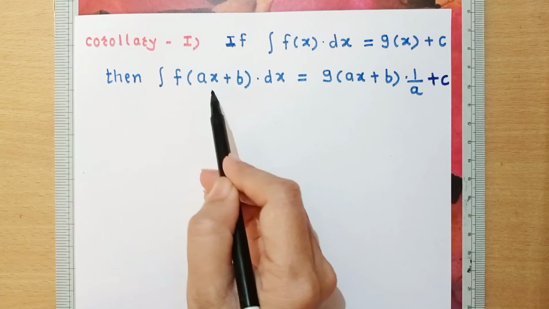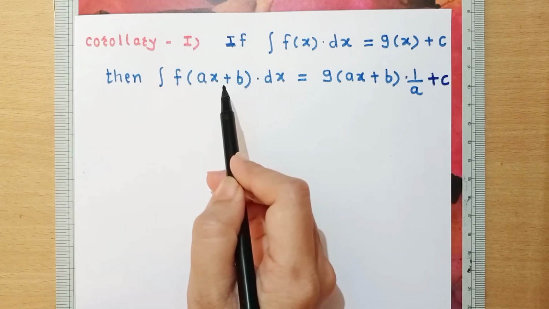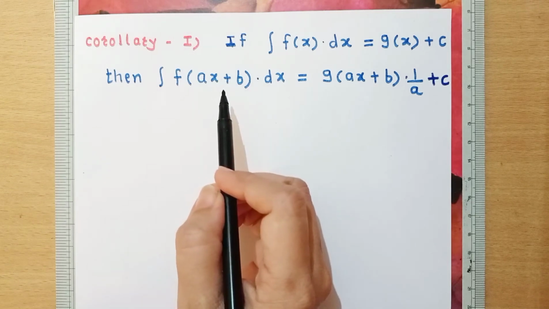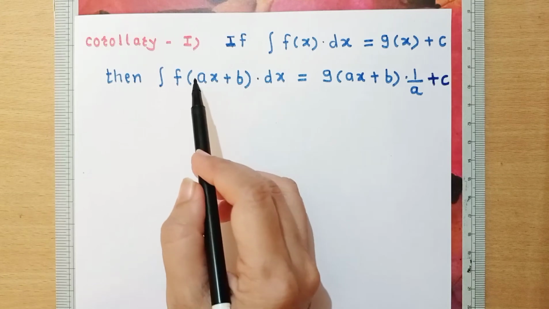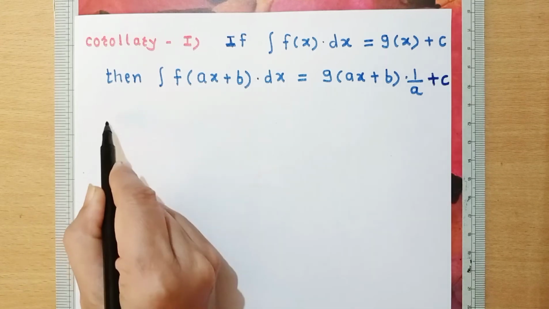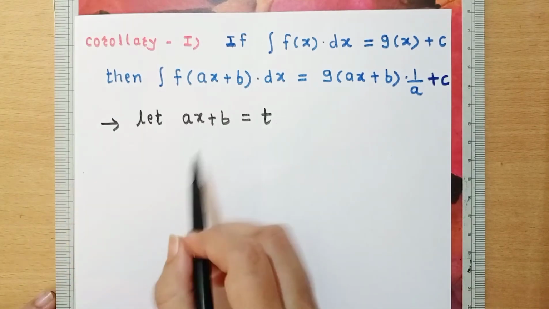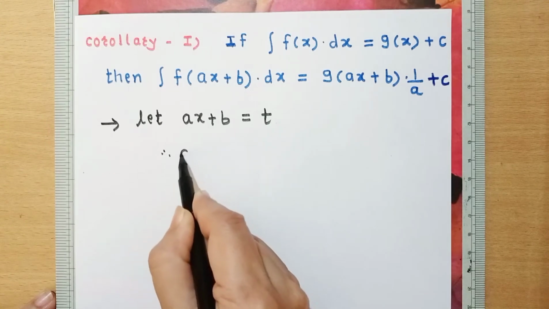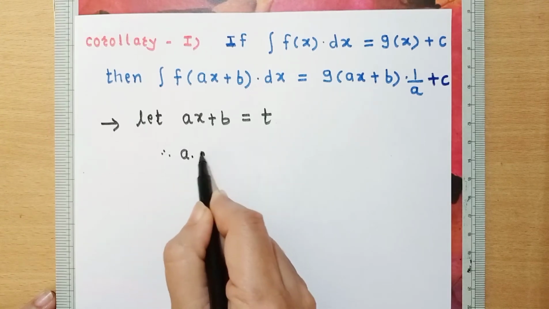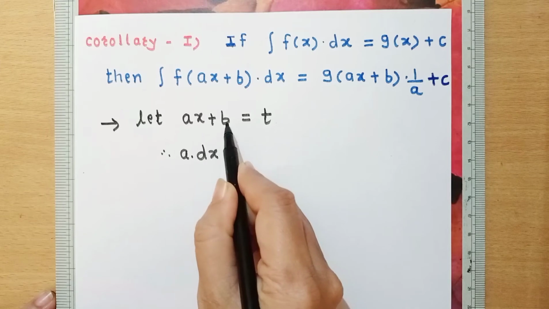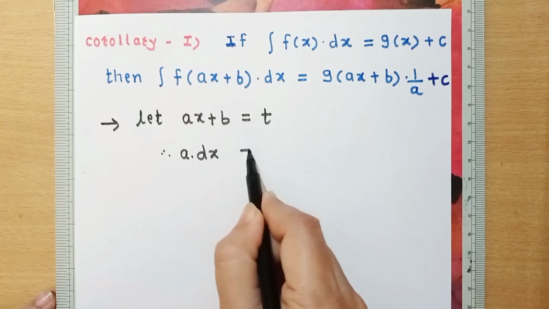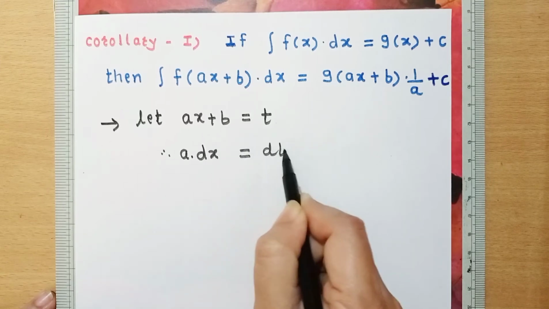So here in the left hand side, since this is the method of substitution, we will substitute ax plus b equal to t. Therefore differentiating, since a is constant, outside derivative dx, b is constant so its derivative is 0, and here dt.